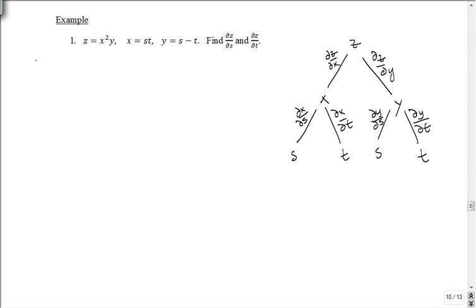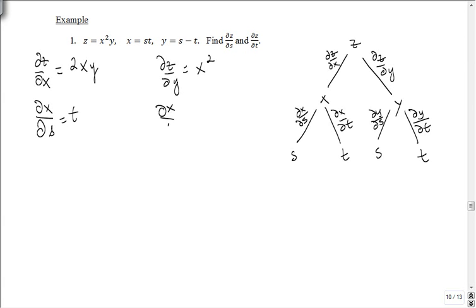Let's do partial z with respect to x. What's that? 2xy. Give me partial z with respect to y. X squared. Now let's go to the x's. Give me partial x with respect to s. Give me partial x with respect to t.